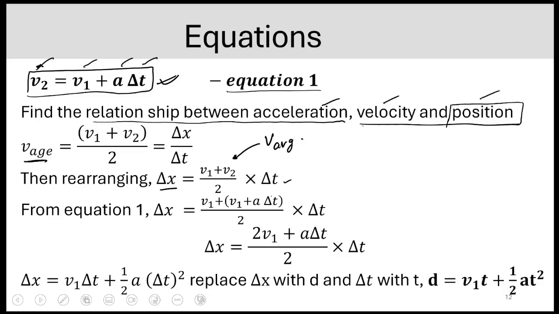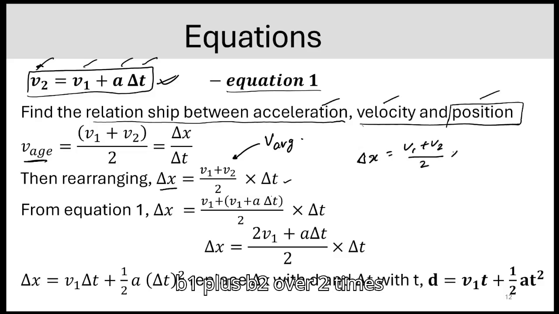And then here we can see delta x equals v1 plus v2 over 2 times delta t.